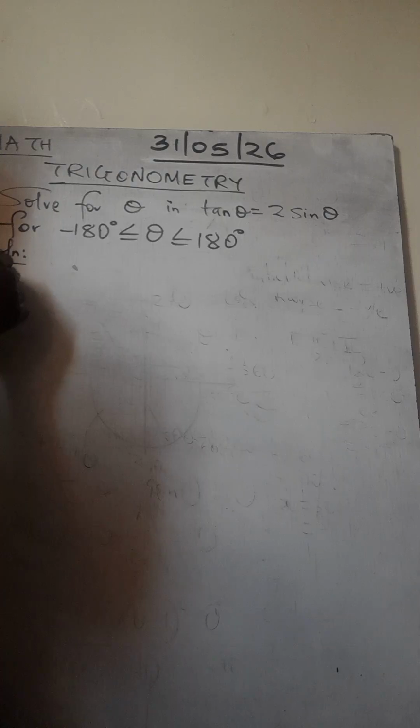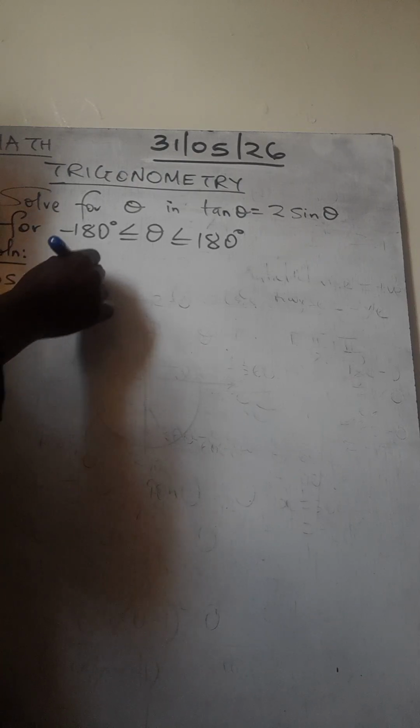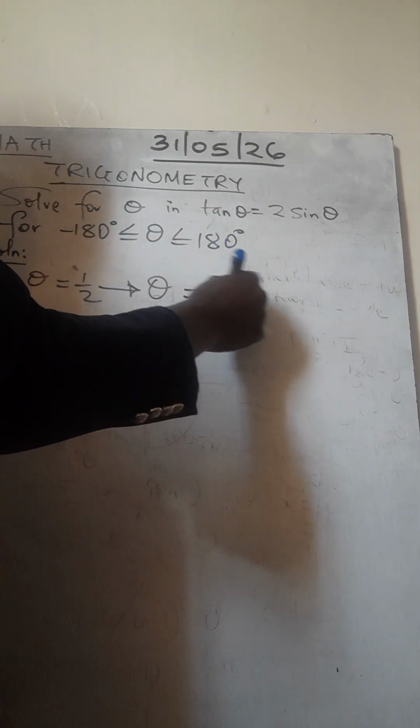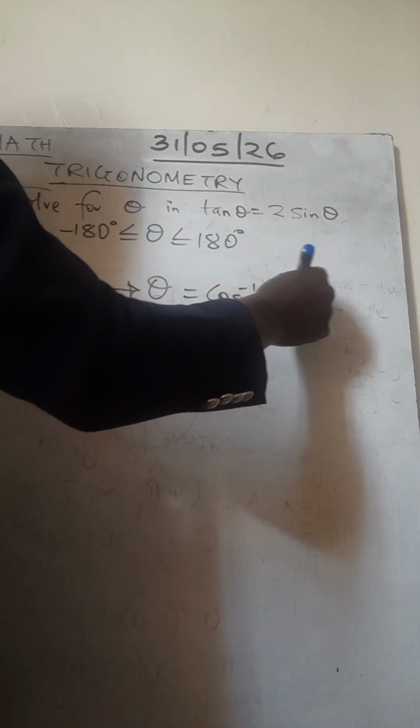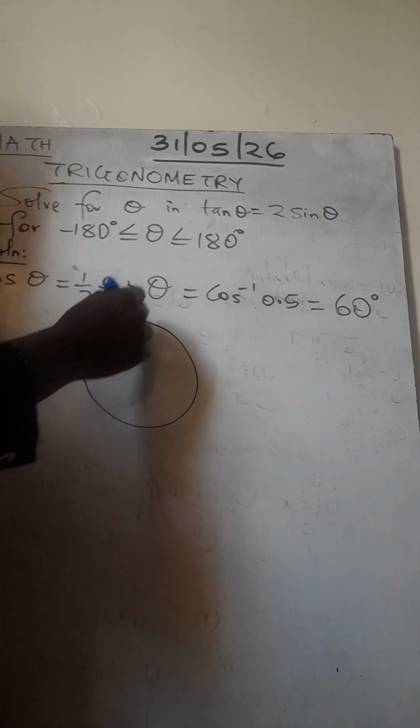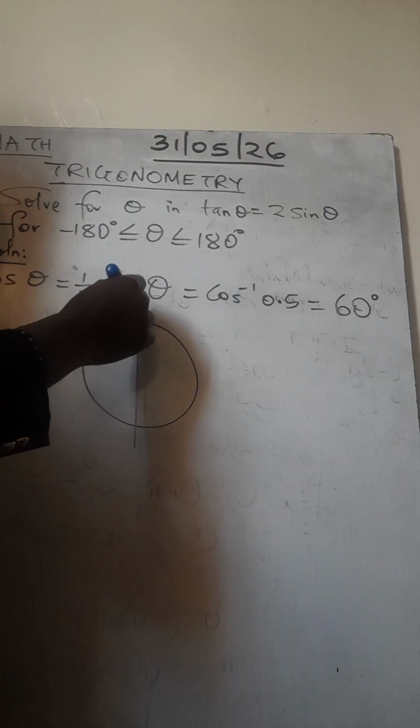Option 2, we said cosine of theta was a half. So to get theta, you take the inverse of this. A half is 0.5. The inverse, we've seen it is 60. Again, let us draw our circle this way.